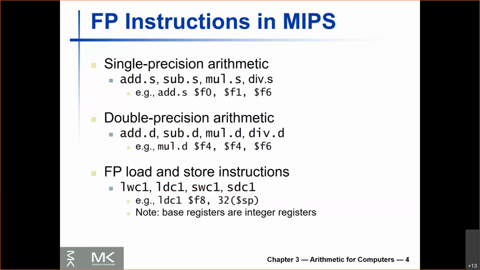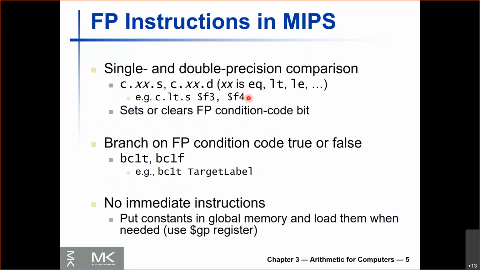We also saw how we have compare instructions, which set some flag in the coprocessor that is read later on by the branch instructions, which will branch based on whether this flag is true or false. And we also said that there are no immediate instructions. Instead, if we want to have constants in our code, we accomplish that by putting the constants in global memory and loading them from global memory.